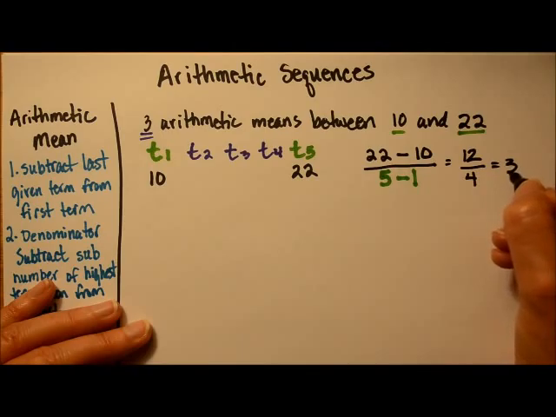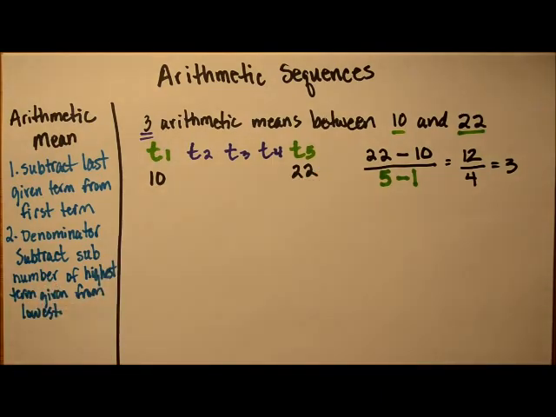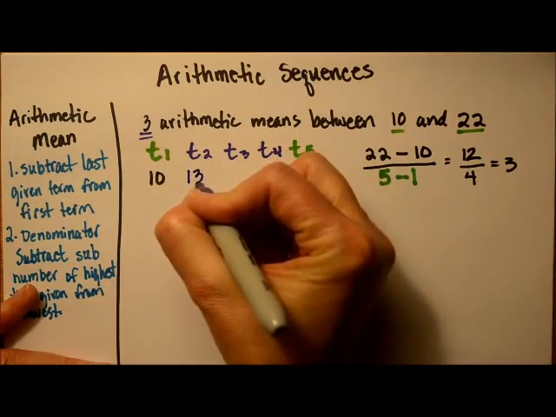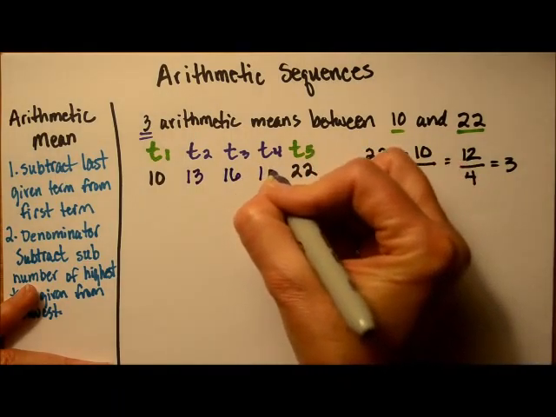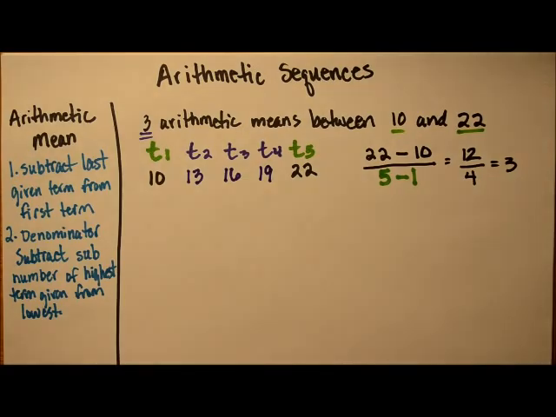That 3 is my difference, which means my next term, just so I can show you, is 13, 16, 19, and if I add 3, then I end up with 22. So I'm adding 3 each time.